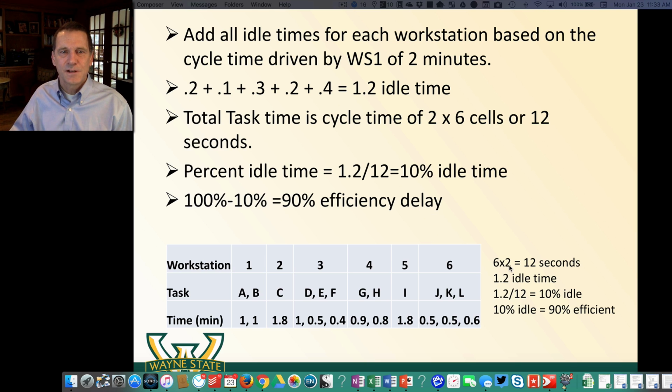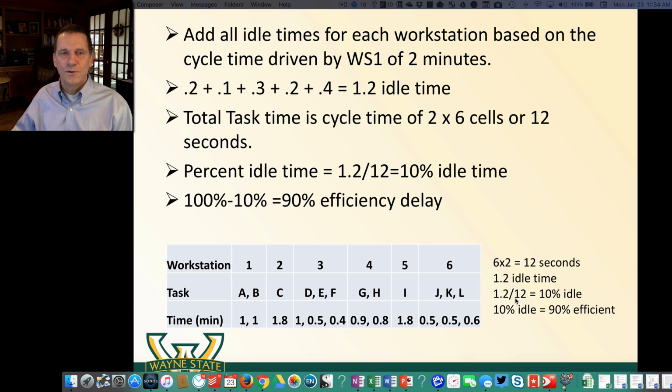So again, 6 times 2, if this is 2 seconds as our longest workstation, we multiply all 6 times that for 12 seconds of total time required and consumed in the line. We have 1.2 seconds idle time by adding up the difference between 2 and the total time worked in each of these, the total task time in each of these cells.